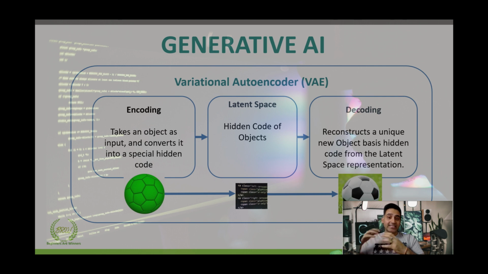It doesn't give you the exact same picture back. Instead, it gives you a similar picture, a bit different from the original one. And this makes the VAE really creative because it can come up with new and unique pictures that it has never seen before. That's why it's such a cool tool in the world of artificial intelligence and generative art.